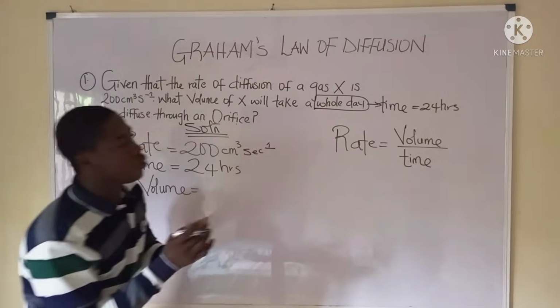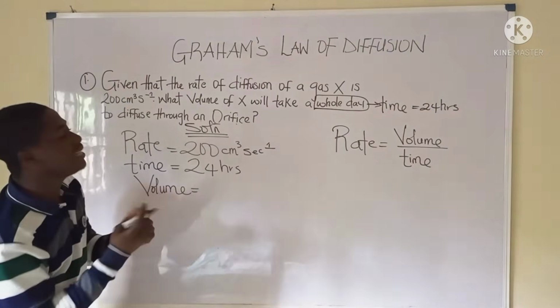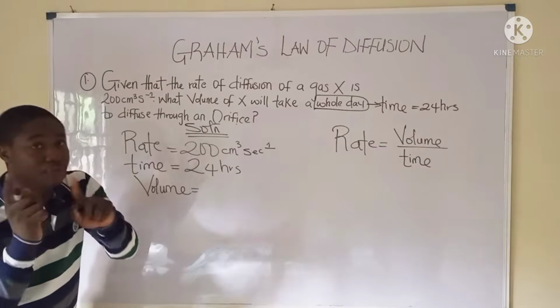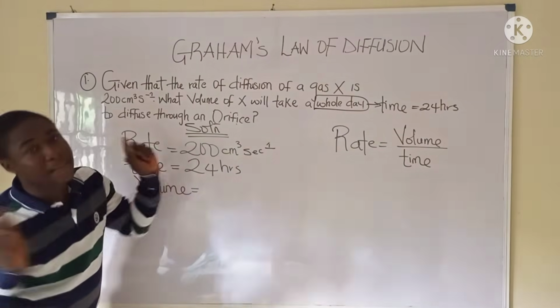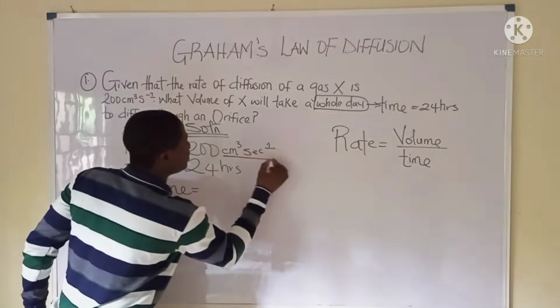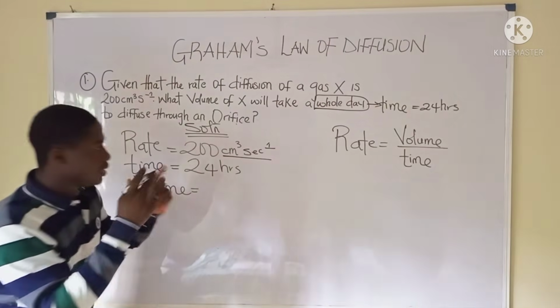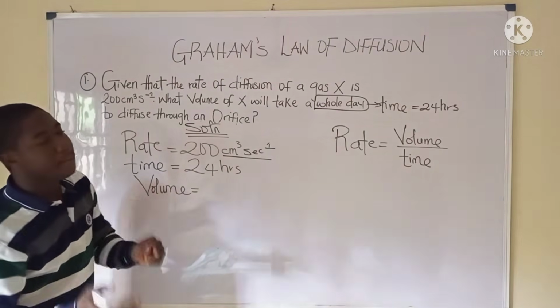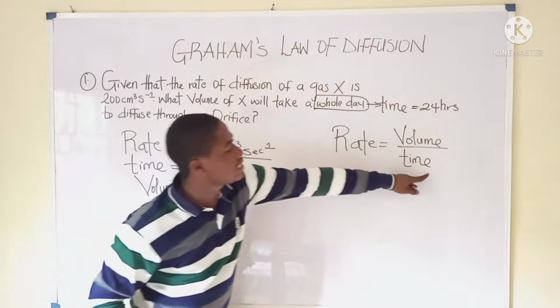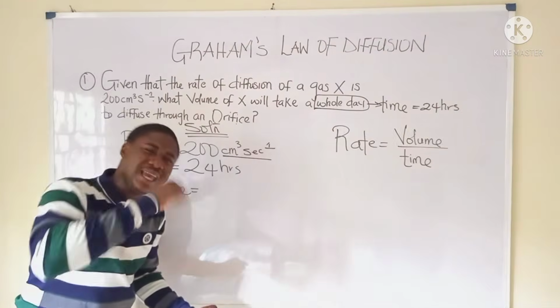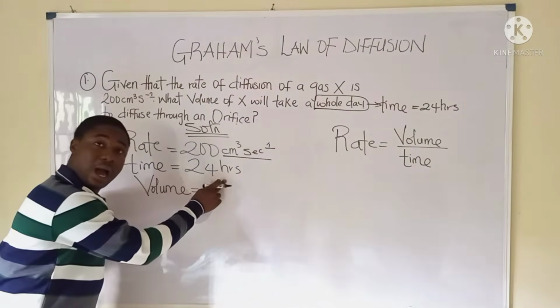Now, if you can recall, we said that the SI unit of rate is determined according to the parameter given. Now, you can see that the SI unit now is in cm³ per second. So it means that our time will be in seconds, not in hours.